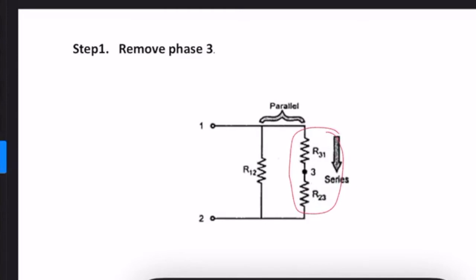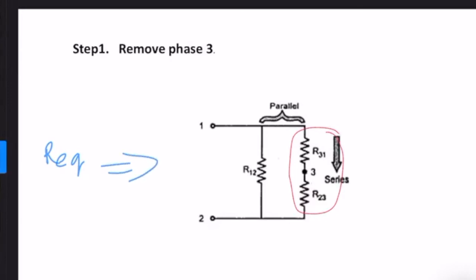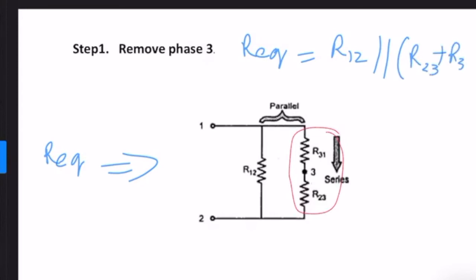So what are we supposed to do now? We have to calculate R equivalent for this circuit. So R equivalent for this circuit is going to be nothing but R12 in parallel with R23 plus R31. Do you know how to calculate R equivalent for a parallel circuit?